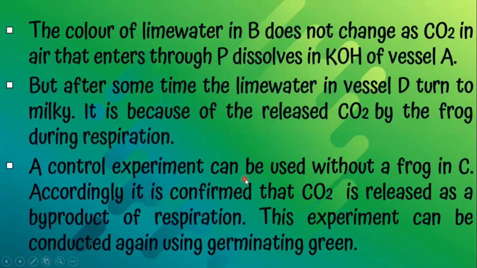A control experiment can be used without a frog in C. Accordingly, it is confirmed that CO2 is released as a byproduct of respiration. This experiment can be conducted again using germinating seeds. So we prove that we exhale carbon dioxide.